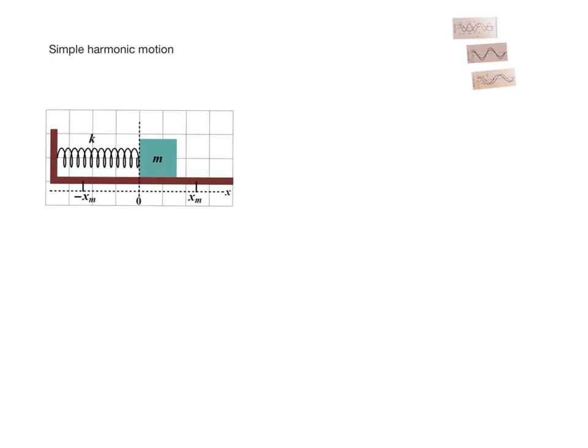If we were to make a graph of this motion, where the y-axis was the displacement and the x-axis was time, when I release the block at time equals 0, it would be at its maximum stretch.